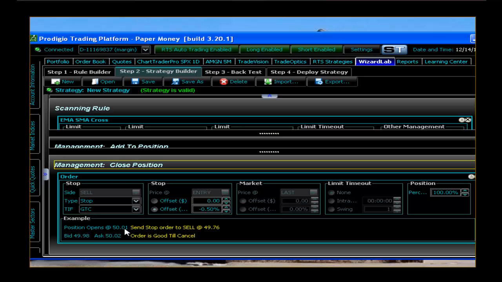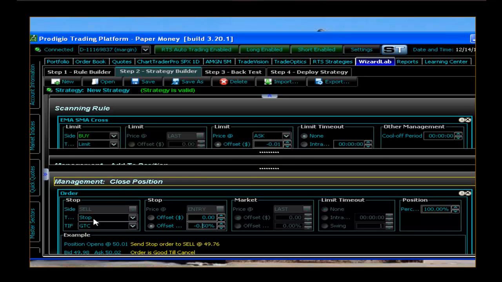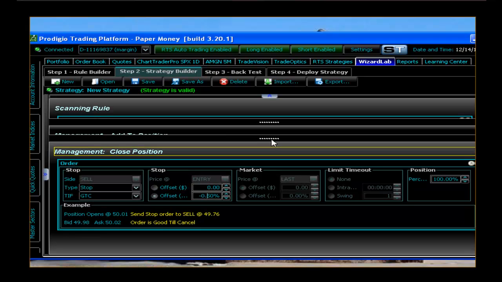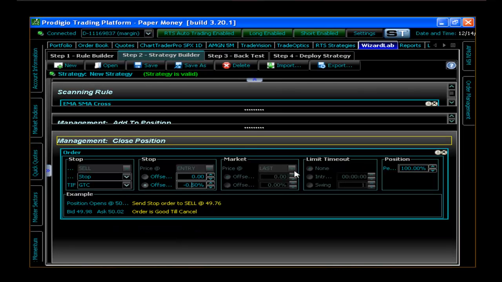But if a position opens at $50.01 at 0.5%, it's going to put a stop order to sell. Right? This is for a long position. The management for closing a position is always the opposite of the entry side. And it's going to put a stop order to sell in at 49.76.